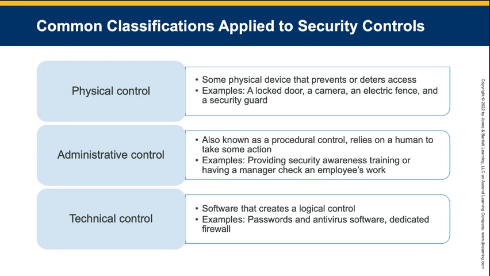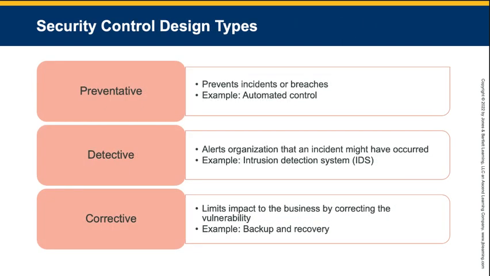Moving along, we have security control design types. First, we have preventive, which is a more automated control. This could be in terms of giving you an error message, for example. Next is detective, which alerts the organization when an incident might occur, for example IDS, intrusion detection system.